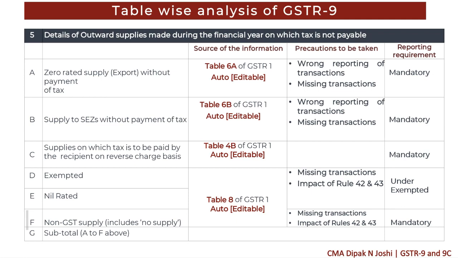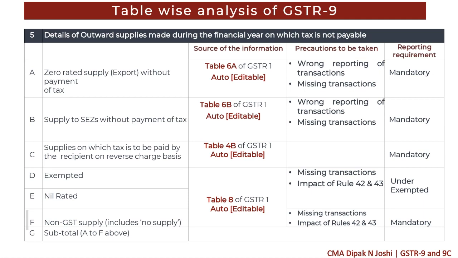But if it is not possible, in case of zero rated supply without payment of tax, if you have inadvertently reported it in zero rated supply with payment of tax, you can make the necessary changes.